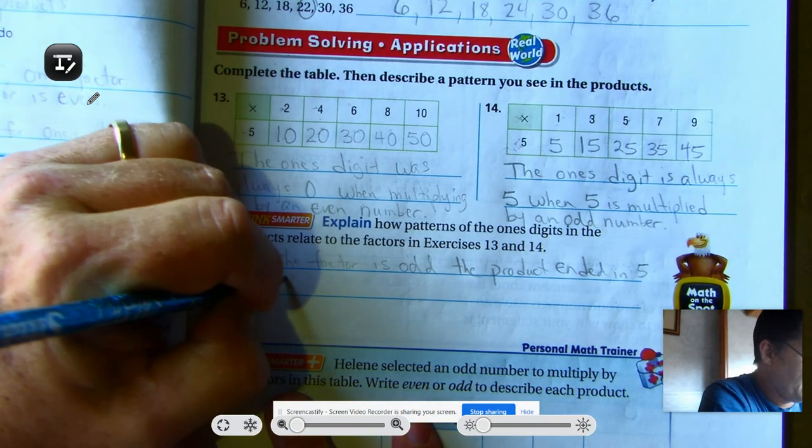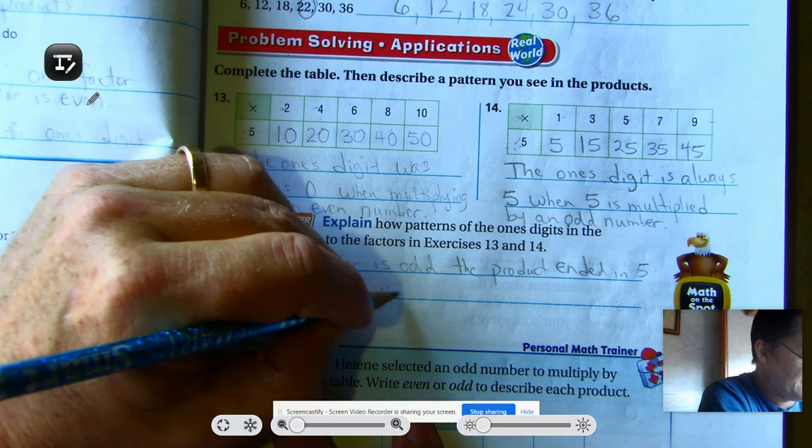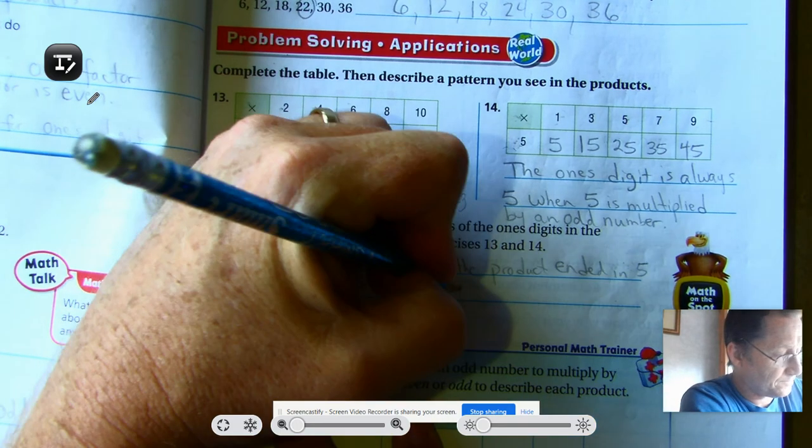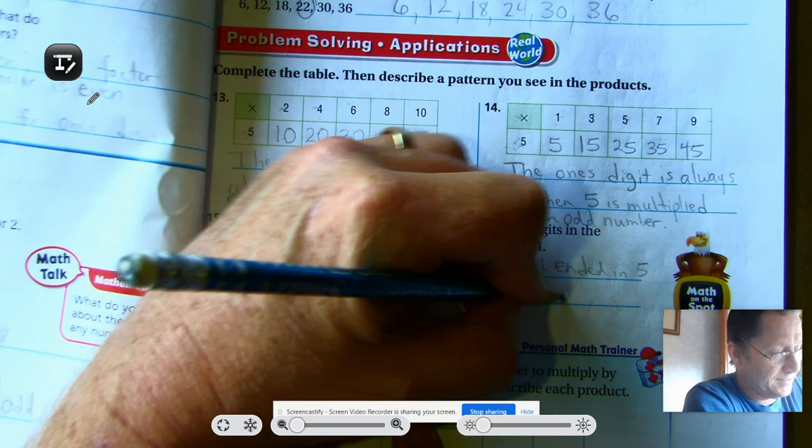If the factor is even, the product ended in 0.